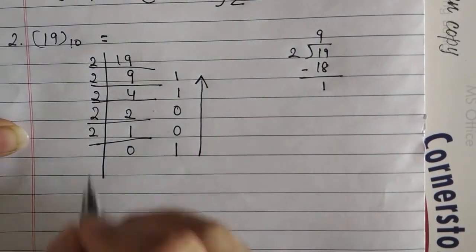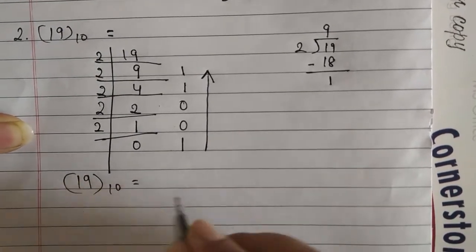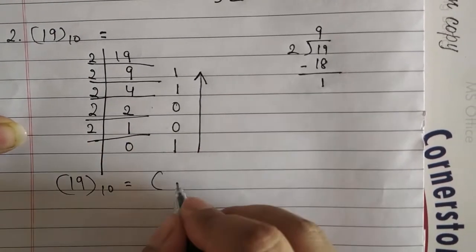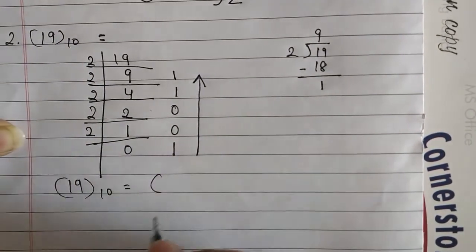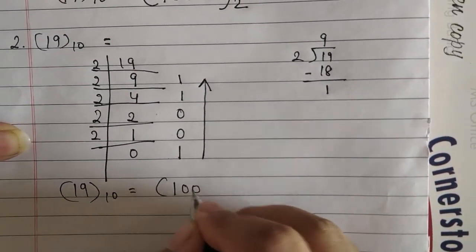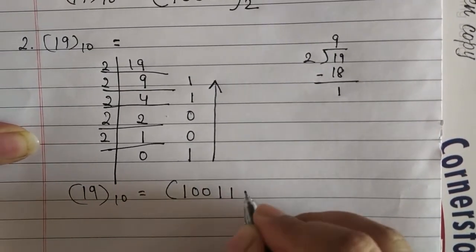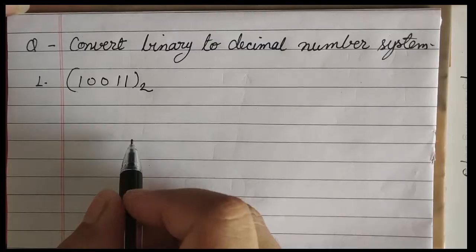So first of all, write here 19 base 10 and then here you write from here. Okay. Put arrow like this so that it is easy for you to write the answer. So first of all 1 0 0 1 1 and it is base 2. That means binary number system.